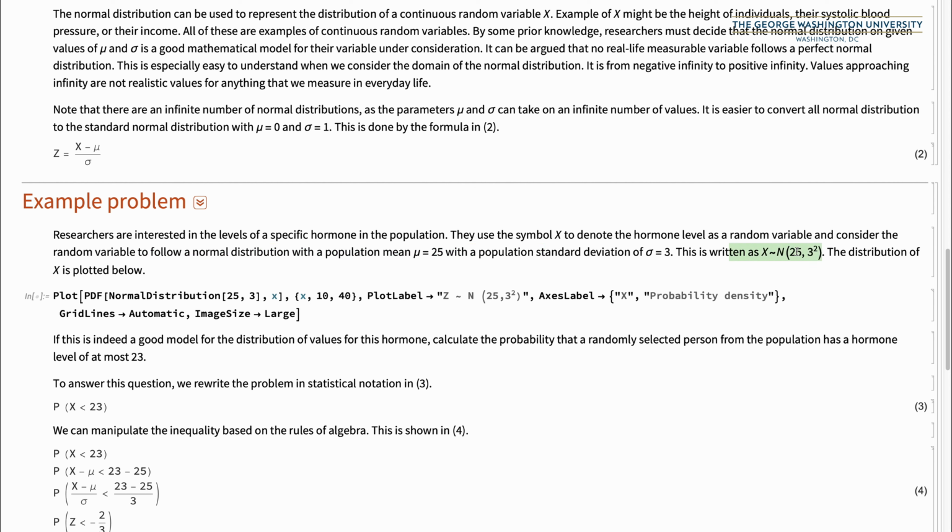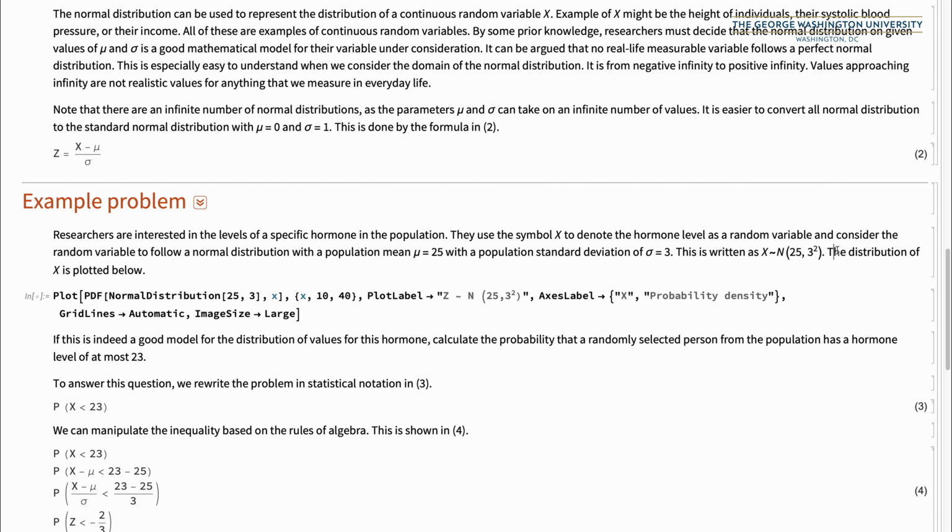And we write that in the notation, as you can see there. Statistically, we would say x, with this little tilde symbol, is described by the normal distribution with a mean of 25 and a variance. We usually write the variance there, so we've got to square that standard deviation: 3 squared. Now remember, this is a choice by the researchers. They believe that this is a good model to represent the pattern of values for this hormone that you would find in the population.